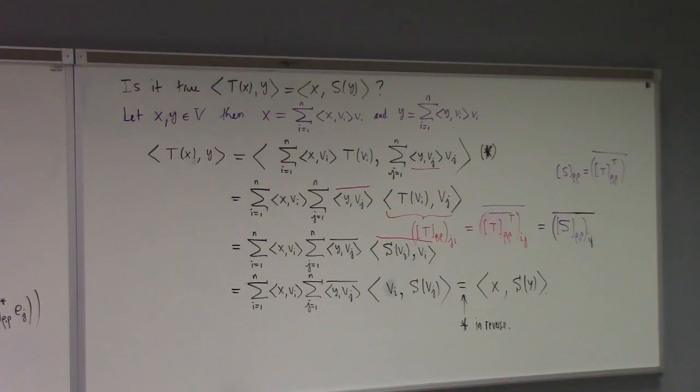If we put this all together, we expect T of x, y to be equal to x, T star of y. So this should be useful to define T star essentially.